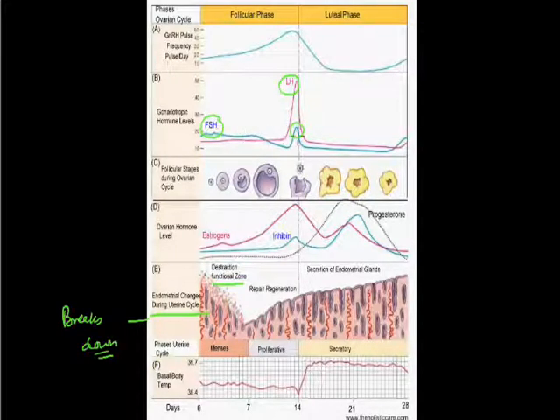FSH is little bit lower. Then the third phase, that is the ovulatory phase, is somewhere here when the egg is released from the ovary in the secondary oocyte stage.